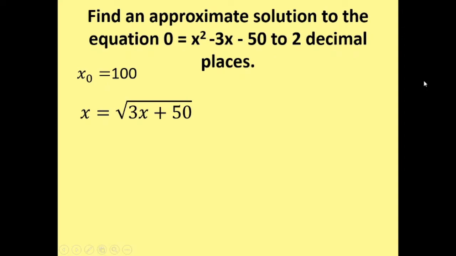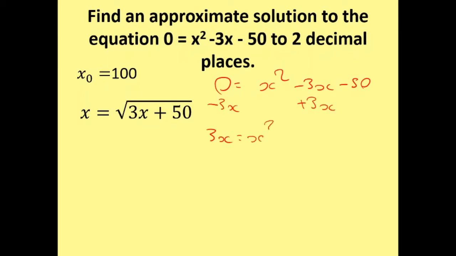Okay, so find an approximate solution to the equation 0 equals x squared minus 3x minus 50 to 2 decimal places. It's telling you you're going to start with 100, okay, and we need to make this look like the square root of 3x plus 50. Okay, so let's see how we can do this. I'm going to plus 3x to both sides.